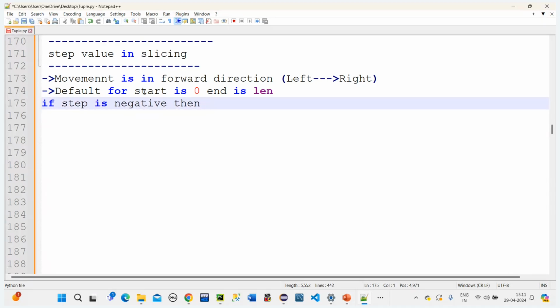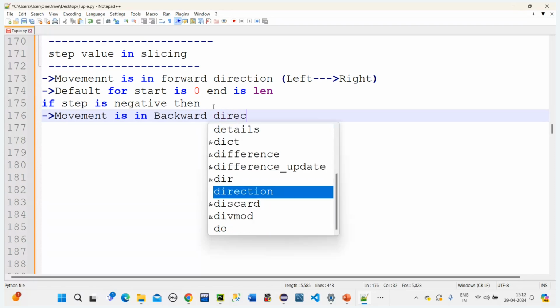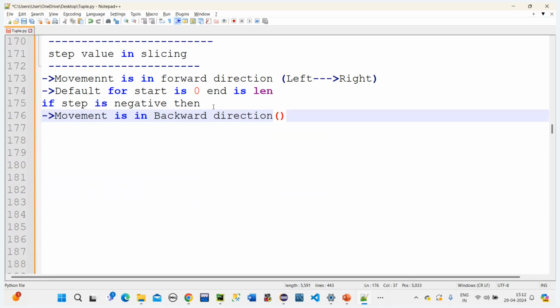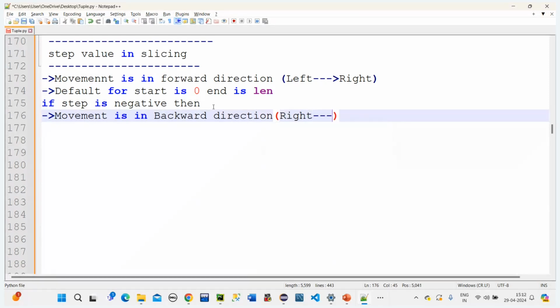Here step is negative, the movement is in which direction? Backward direction. So the movement is in backward direction. Okay. So it is what? Right to left.